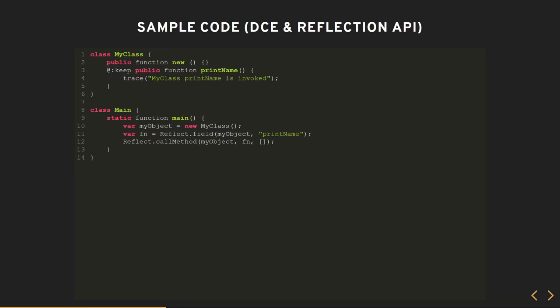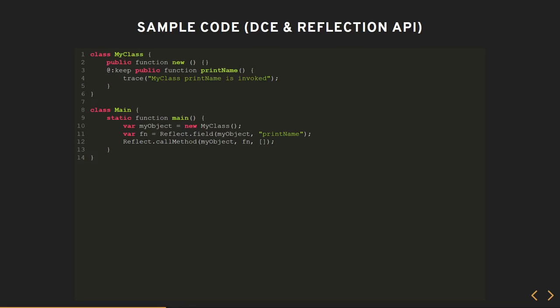In this example, if you go into the main function, we create our MyClass, which has only one function, printName. For whatever reason, instead of calling it like myObject.printName, we're going to use the reflection API. First we obtain the function by name, so now we have our handle to the function.